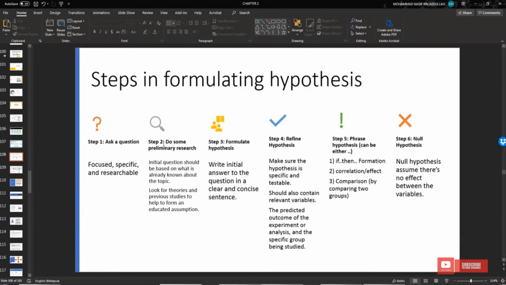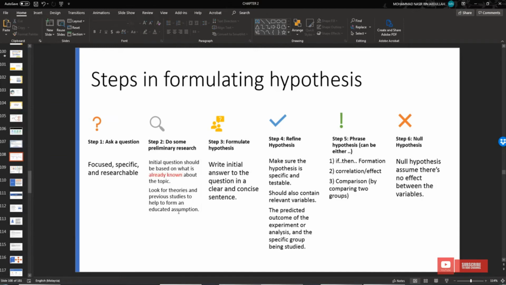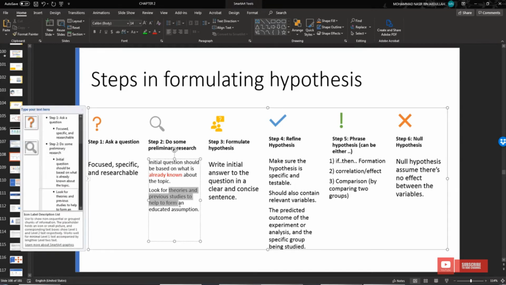Step number 2, do preliminary research. The initial question should be based on what is already known about the topic. This is the highlighted point. Look for theories and previous studies to help form educated assumptions.